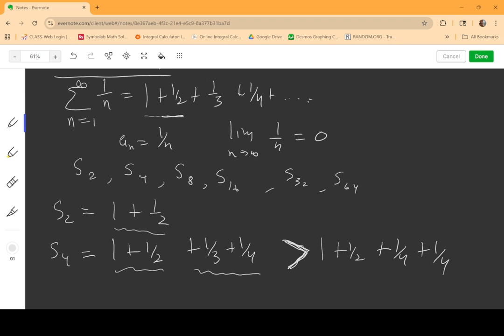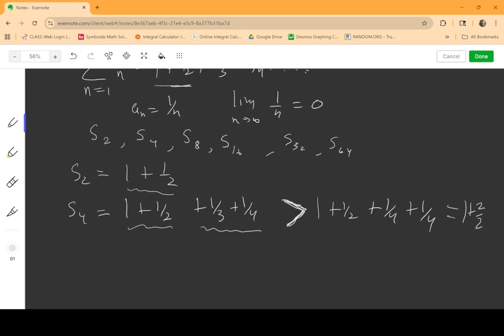Everything else remains the same except that 1/3 gets replaced by a smaller number, so the sum to the left is bigger. Now the reason I do that is 1/4 plus 1/4 is 1/2, so we get 1 plus 2/2. I'm going to leave it in this form to establish a pattern of what's happening here.